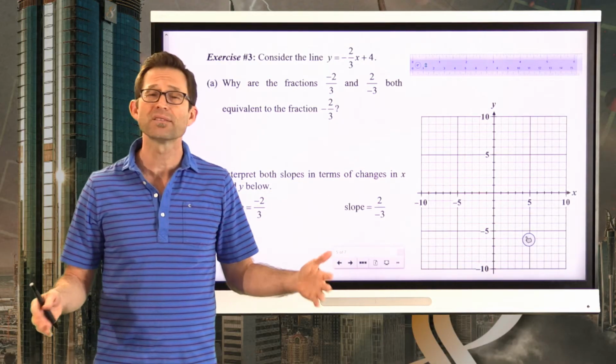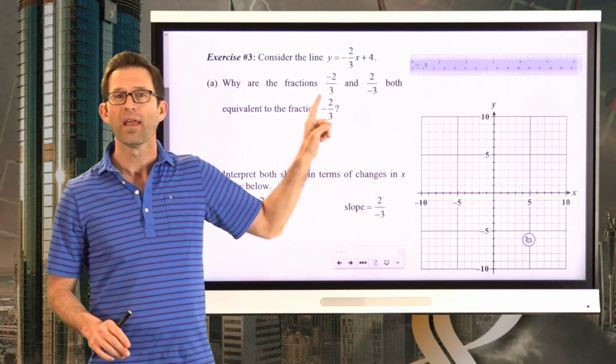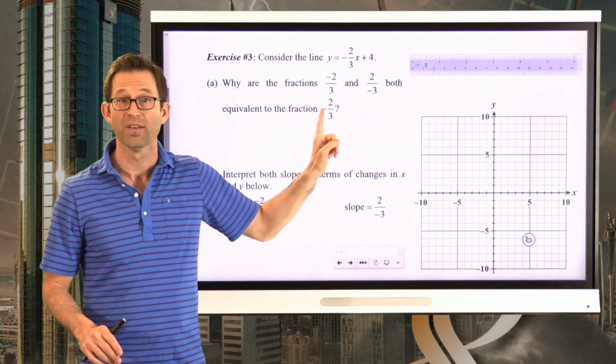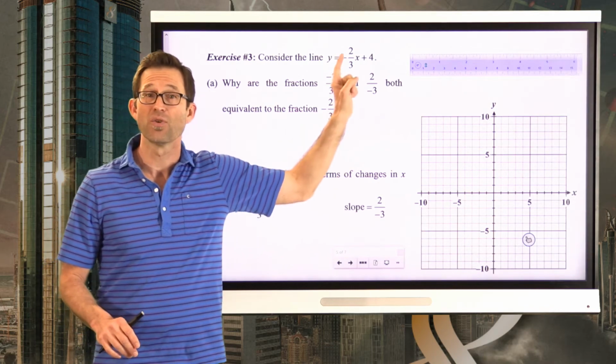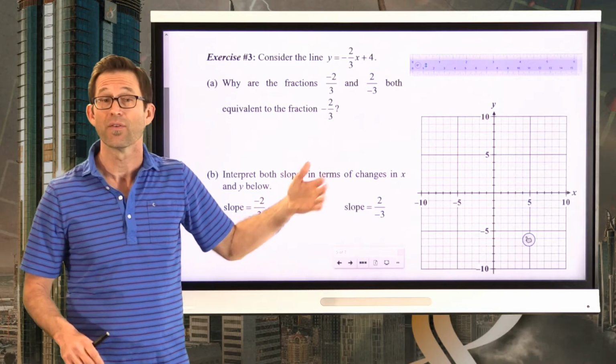All right. And it's pretty simple. It might be a little bit wordy, but it's pretty simple, right? In the first fraction, you have a negative divided by a positive, and the result is a negative. In the second fraction, you have a positive divided by a negative, and the result is a negative, right?